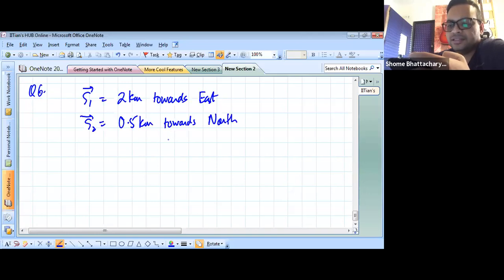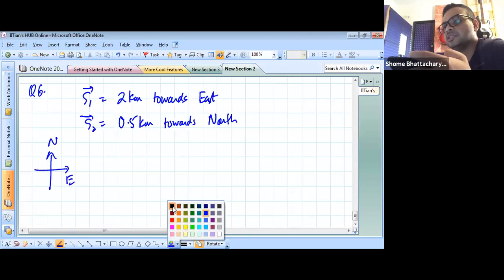And then again turns 90 degrees and makes a perpendicular right turn. So basically, you have to understand this in terms of direction. If this is north and this is east, S1 will be a displacement that is towards east. So S1 will look like this.